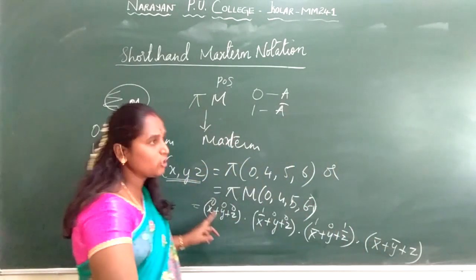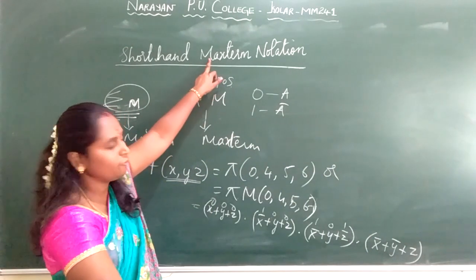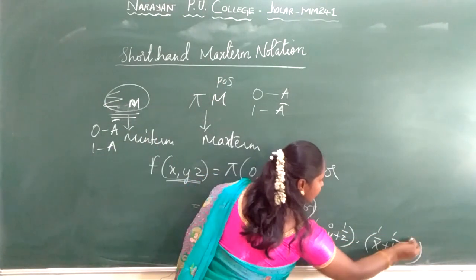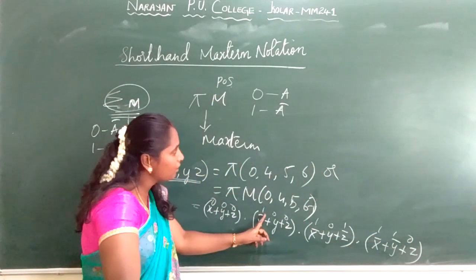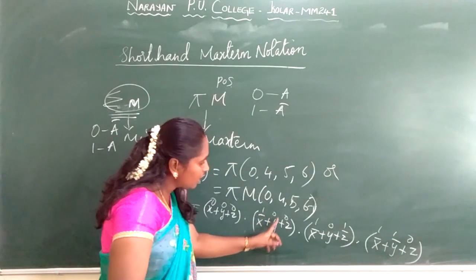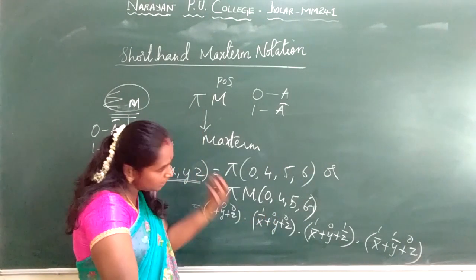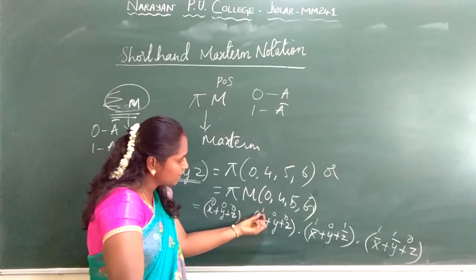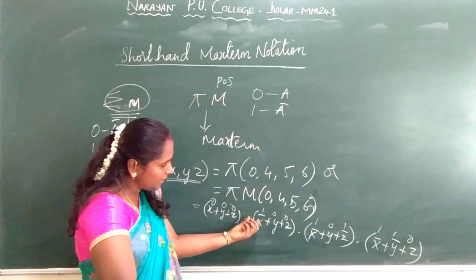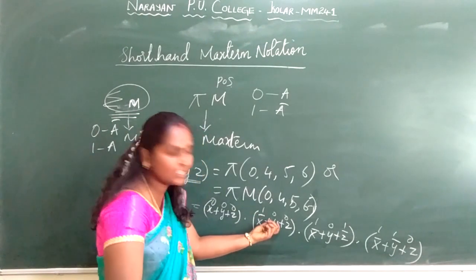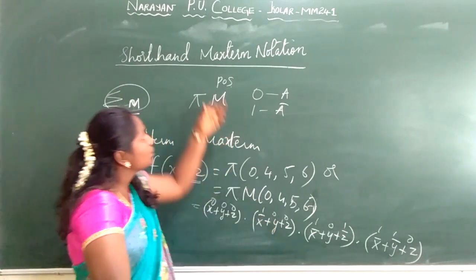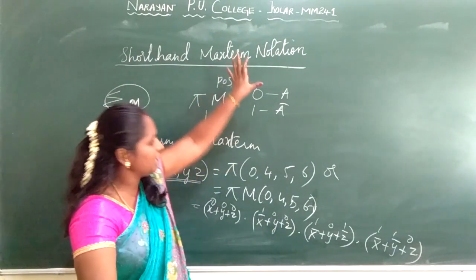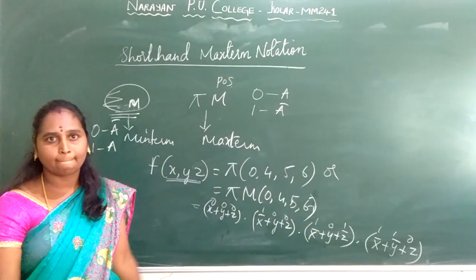Here 1 represents the complemented variable, that is bar, and 0 represents the usual variable or literal. So this is the shorthand representation of your max term.